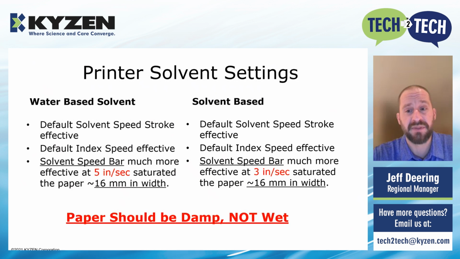With solvent-based chemistries, it's much more effective at 3 inches per second, which again saturates the paper at a 16 millimeter width. But this indicates that solvent-based materials may need to have less rotations than the default settings or water-based solvents to be effective. And an important note here is the paper should be damp and not wet.